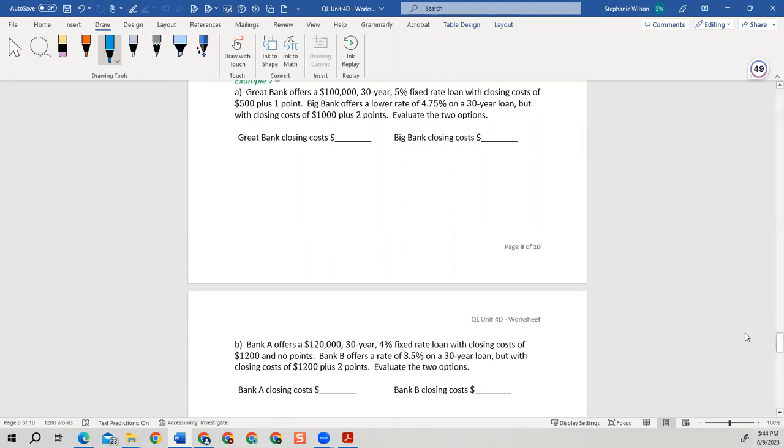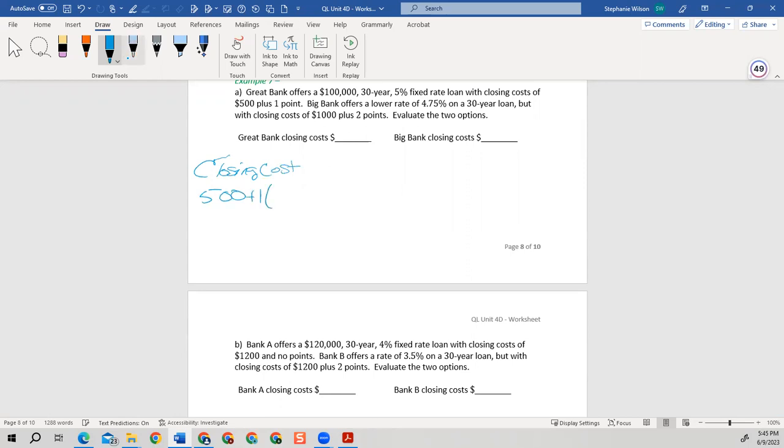What do we have here? We have a closing cost of $500 for the Great Bank, plus it said 1 point.